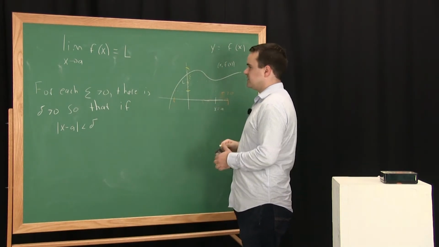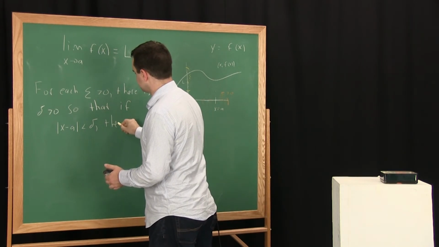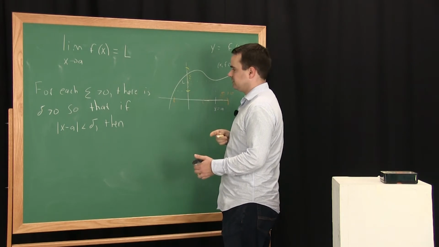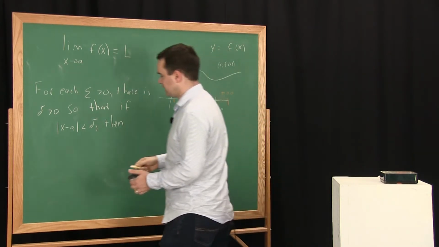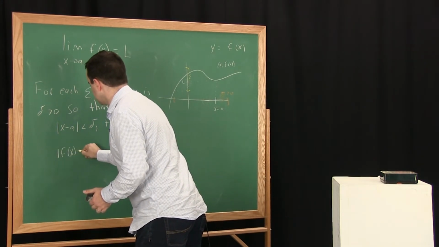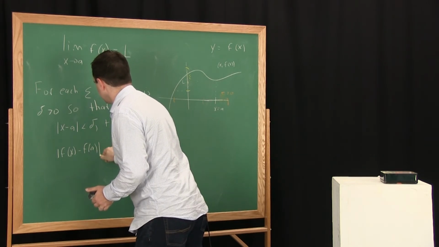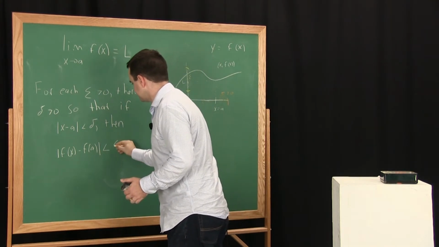So if you're inside this interval, then the y values have to be in this interval. And the y values are f of x and f of a. So the distance from f of x to f of a has to be less than the radius that you specified.